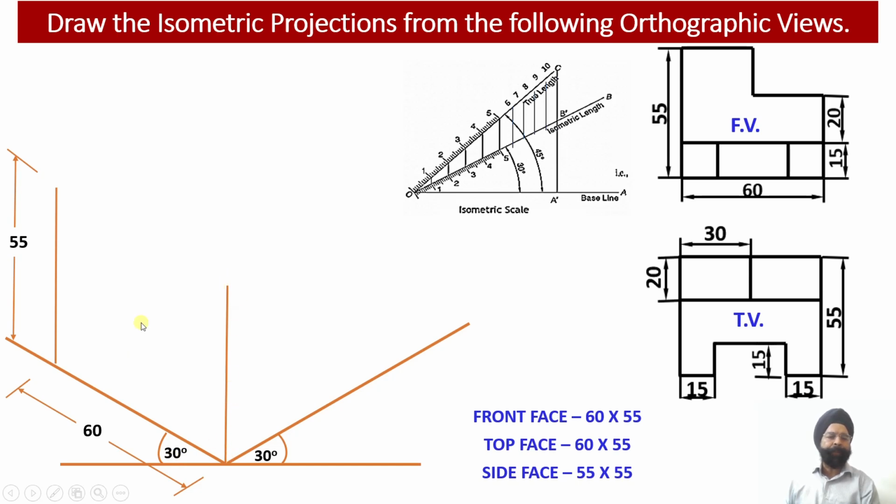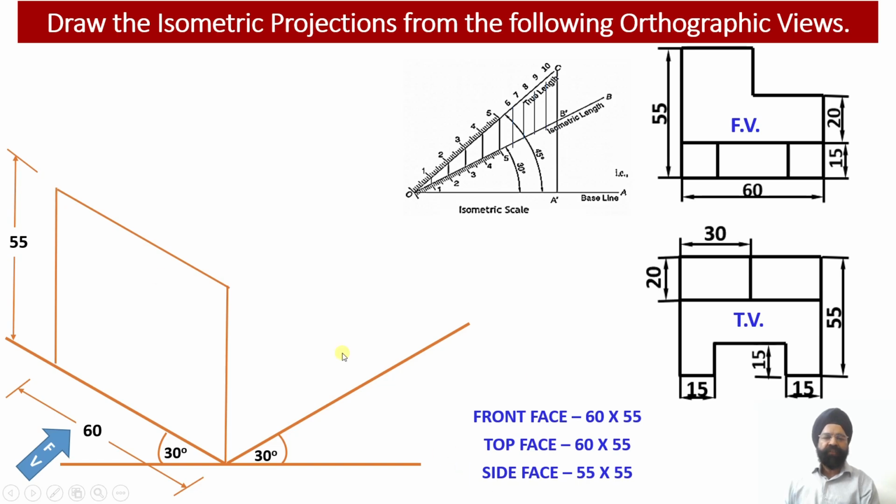Now in order to complete this front view face, another isometric edge has been drawn parallel to the y-axis, and the length of this edge is equal to 55 millimeter. Similarly, another isometric edge measuring 60 millimeter has been drawn parallel to the x-axis. So this completes the construction of the front view face of the solid.